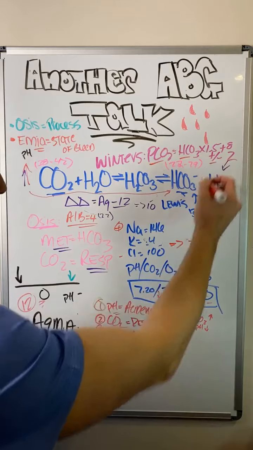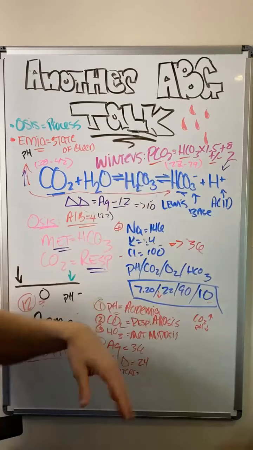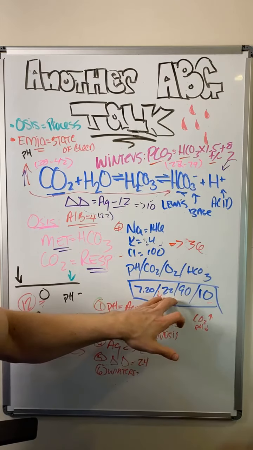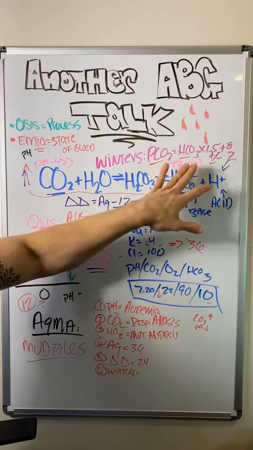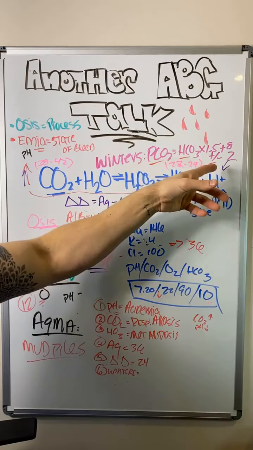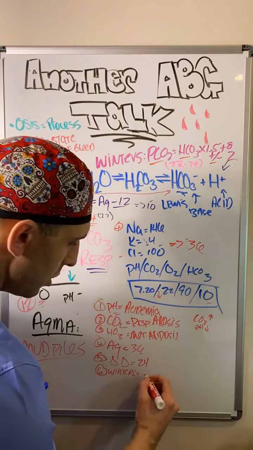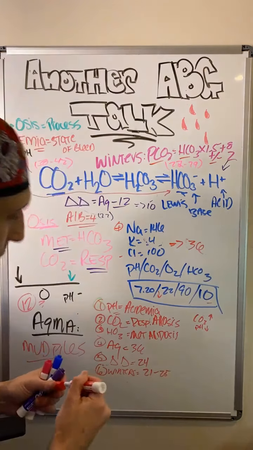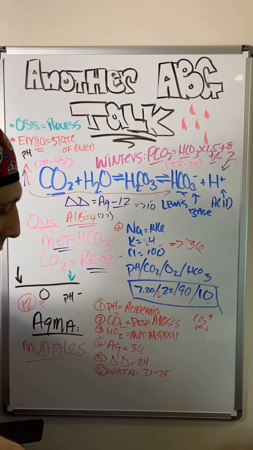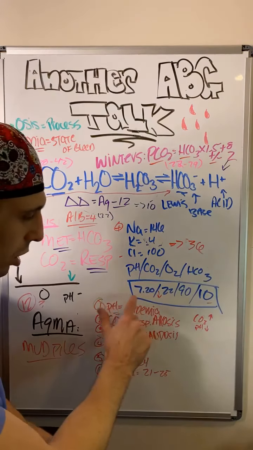I don't have a calculator on me, and unfortunately I'm not that good at mental math and I don't want to write it all out, but our bicarb is 10, times 1.5 is 15, plus 8 is 23, and then plus or minus 2 brings us to about 21 to 25. That's our range. And so we know that, in theory, in this theoretical problem, our PCO2 is appropriately compensated for this metabolic acidosis.